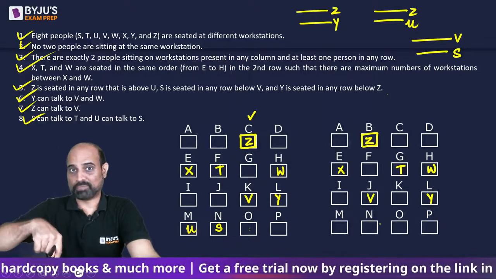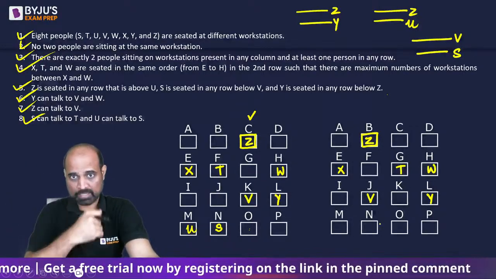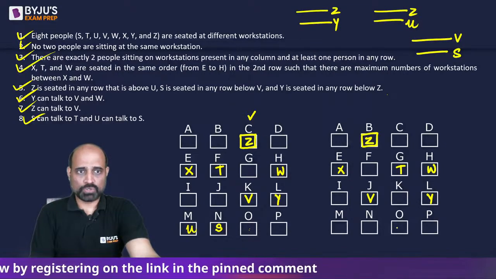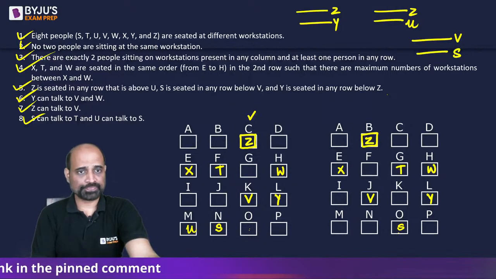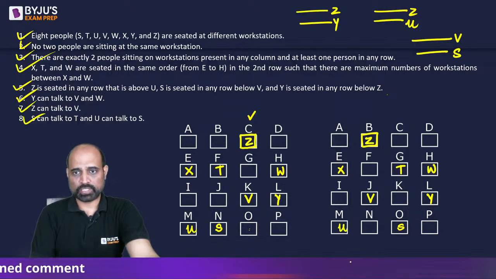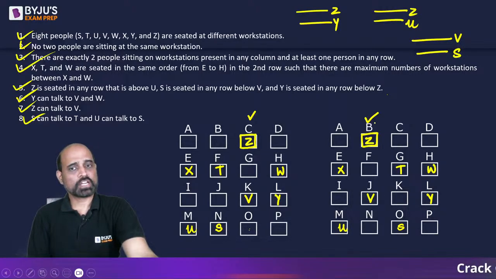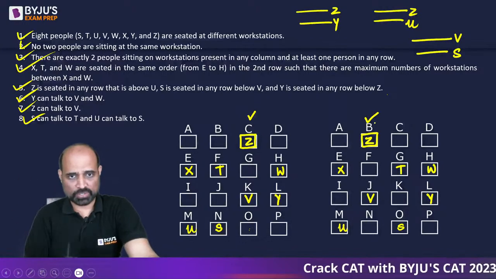It's not below him. It's below, as in उसके नीचे का row में है, right? So S can talk to U, sorry, S can talk to T. So S has to be in the same column and U can talk to S. So this is also possible. We can't have any more possibility, right? Z और T ऐसे ही है, rearrange हो सकता है.